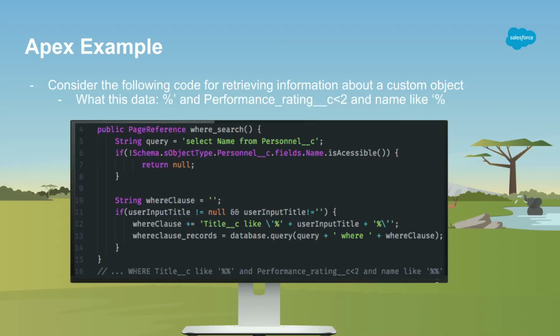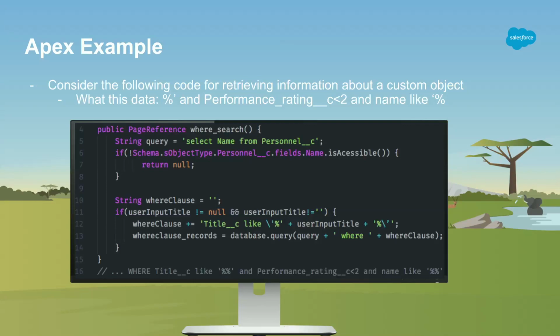Then on line 12, we can see where the injection itself could potentially occur. We take that user input title, and we concatenate it straight into the SOQL query. We're building the query up in different steps, but the end of it on line 13 is that we concatenate all of it, and we send that query off to the database.